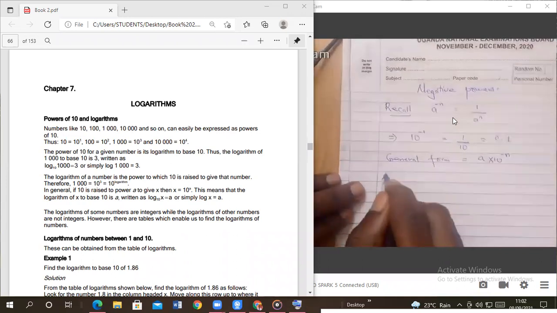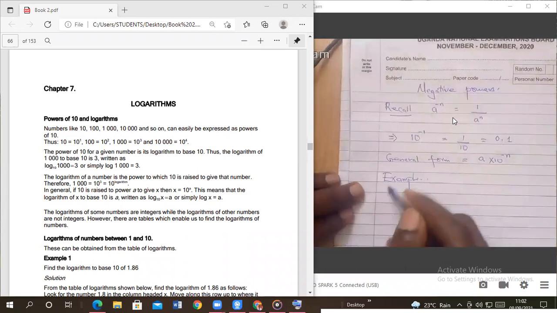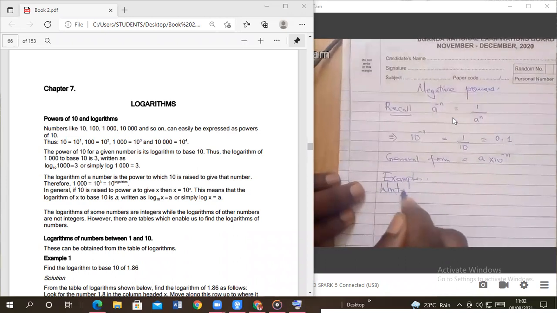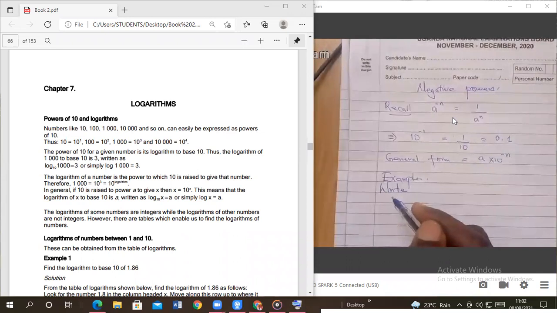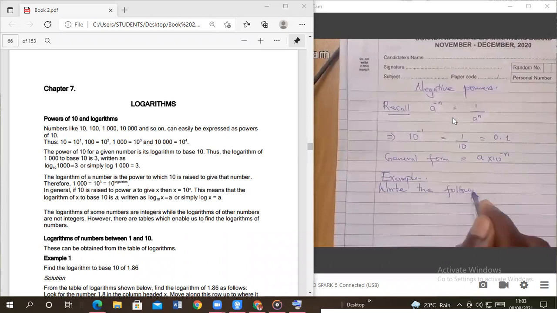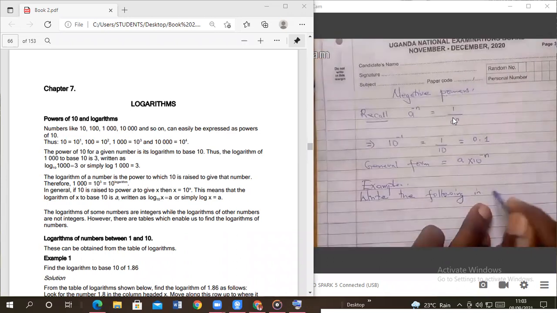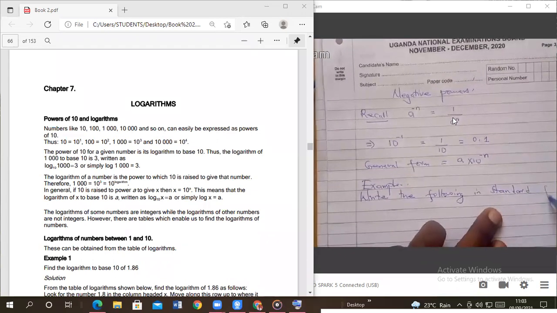So let's do examples. Write the following numbers in standard form, members.